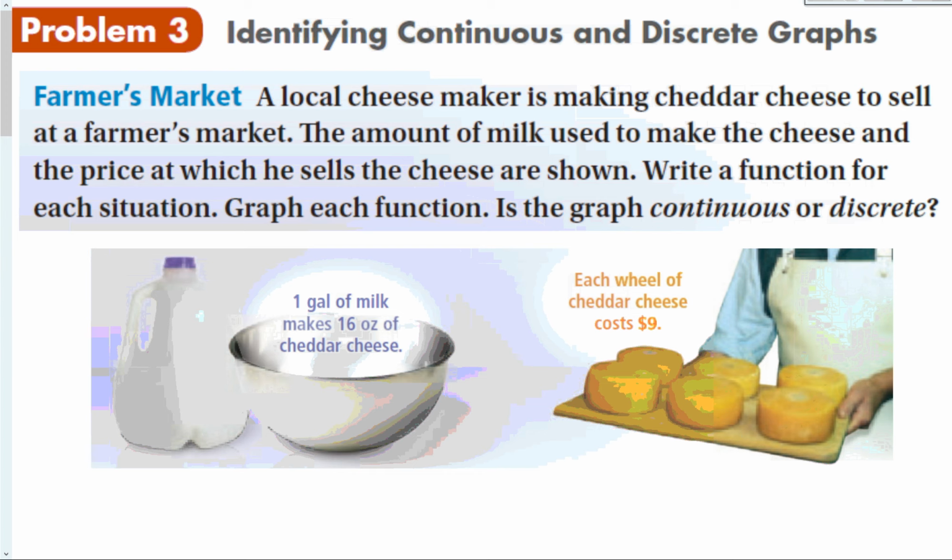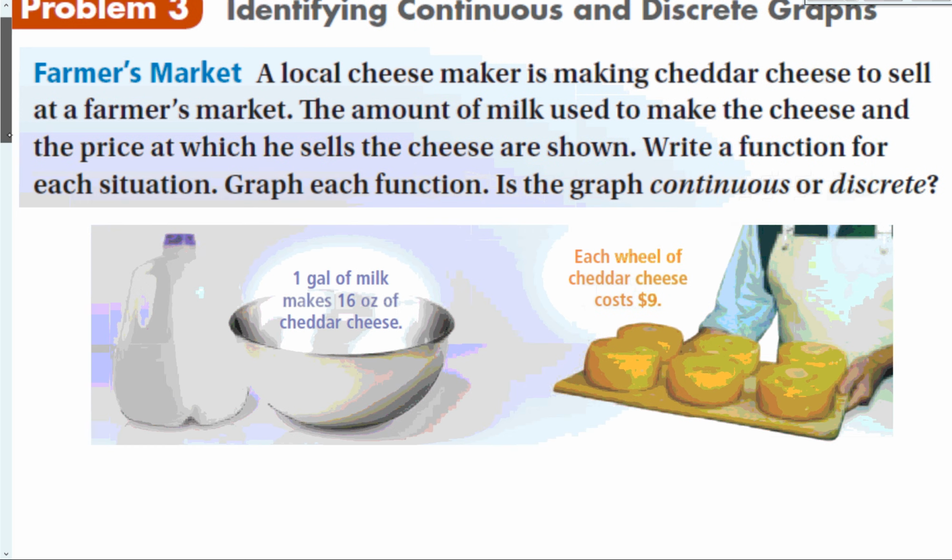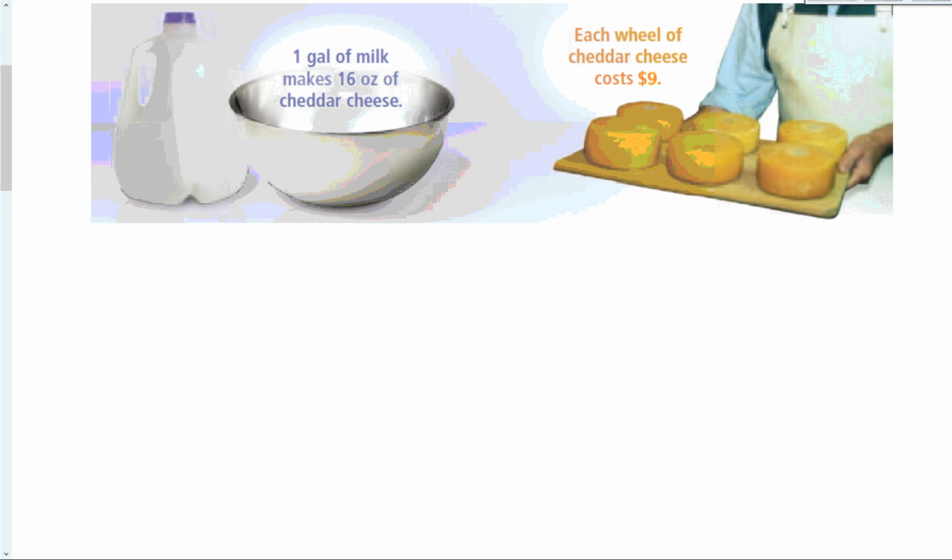So write a function for each situation, graph each function, and is the graph continuous or discrete? Let's make a function. First, making the cheese. 1 gallon of milk makes 16 ounces of cheddar cheese.